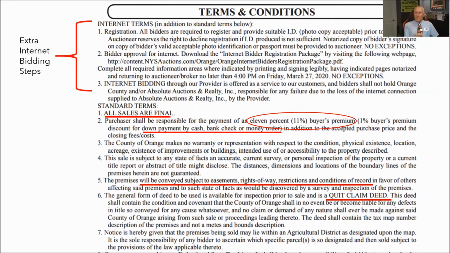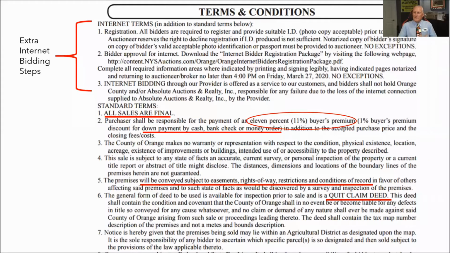Again, just before I leave the internet terms for a minute, right now I know we have some internet-only auctions scheduled, and we have a fully online registration process with electronic documentation. So for those auctions and where we're going to be able to use those with other auctions, you're not going to have to go anywhere. You're going to be able to fully register online with us. It's very simple, very easy, and we're happy that we put that system together for you.